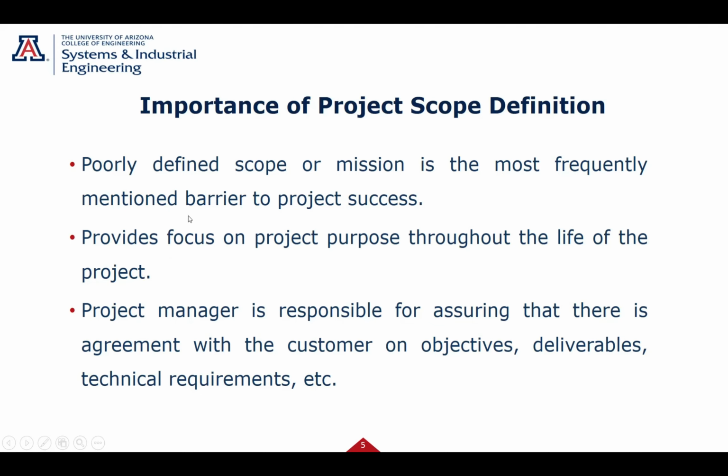So we want to do that. We want to provide focus through the life cycle of the project. And you as the project manager are responsible for assuring that the customer's objectives, deliverables, and requirements are met. Okay, so we're going to set up these objectives, deliverables, and requirements in this scope definition.